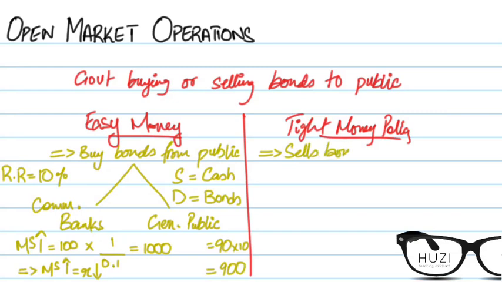Government sells bonds to the public. If the government sells bonds to the public, this means that it will supply bonds and demand cash.